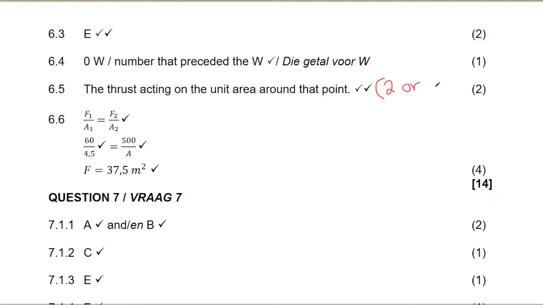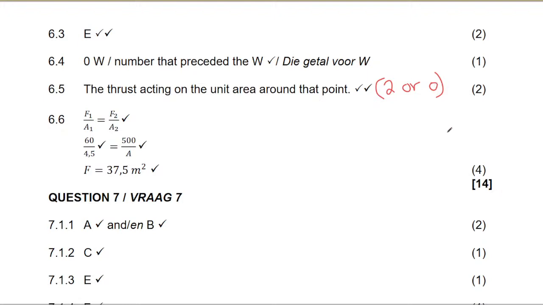And 6.6, calculate the area A2 where the bag must be placed. The area A2 goes with the force of 500 Newton. So the equation will be 1 mark there. And then the force of 60 is applied on the area of 4.5, and the 500 is on a certain area that we are looking for.